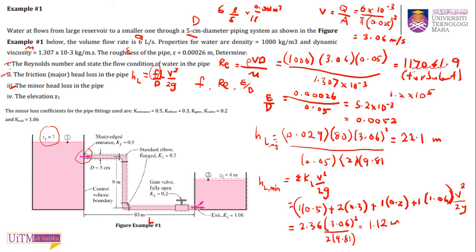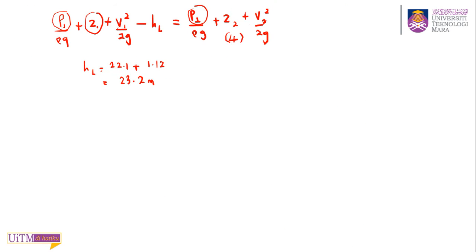That's the value that I want. It's not there because it's open to the atmosphere, and the pressure is atmospheric, and because it's not given, we can assume it's zero. So this is zero and this is also zero. So you can cancel out that.